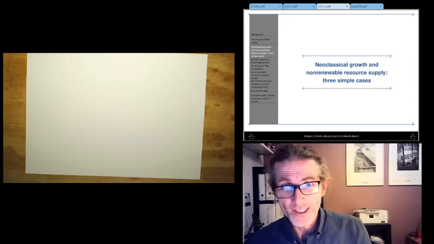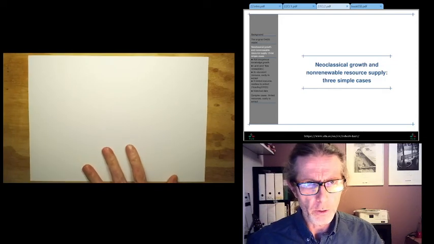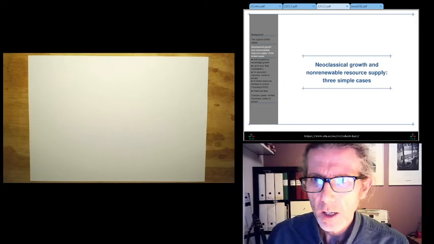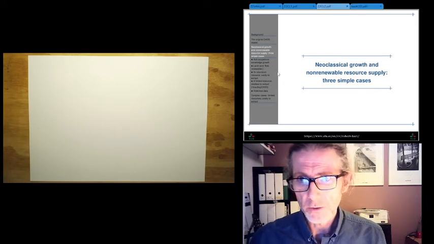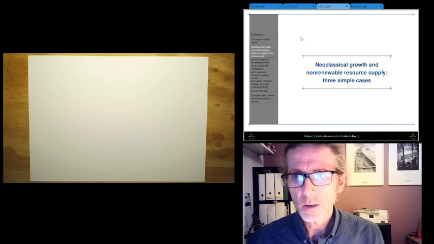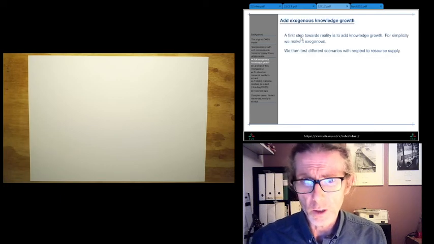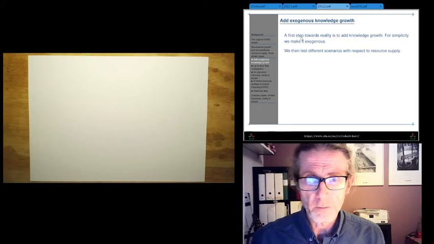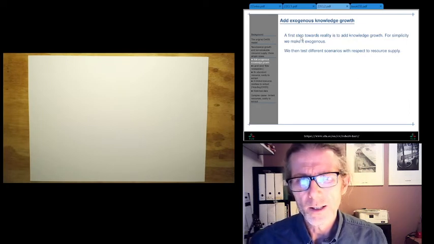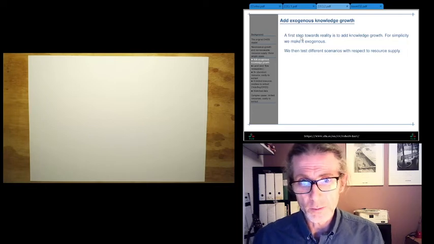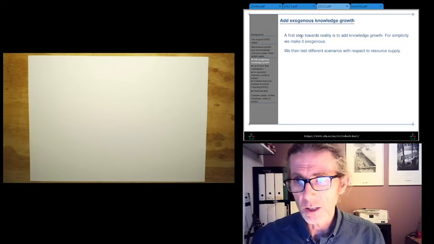Okie doke. So the fourth DHSS video, and it's the first of our simplified models introducing some growth. A first step towards reality from the highly weird model in the original papers is to add knowledge growth.